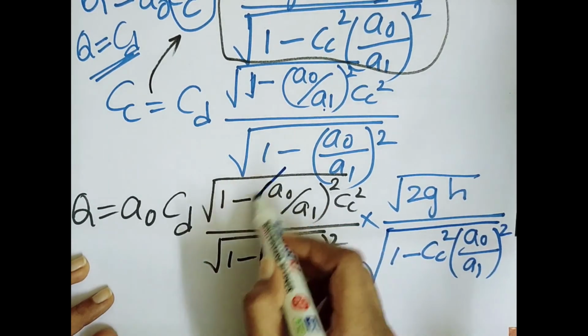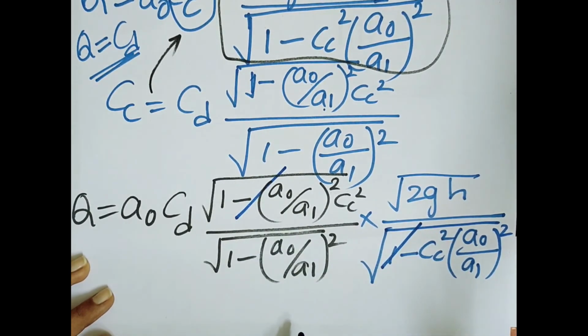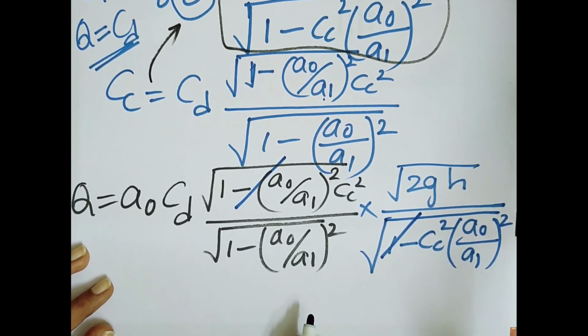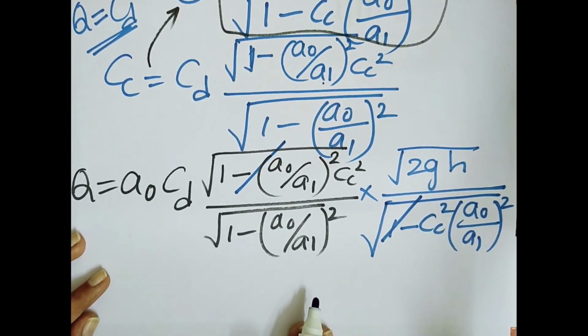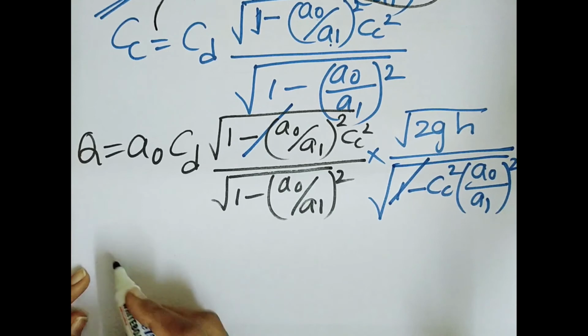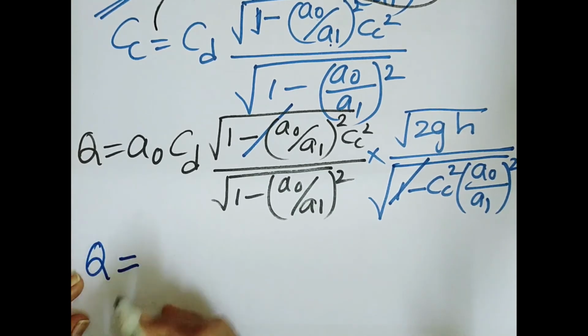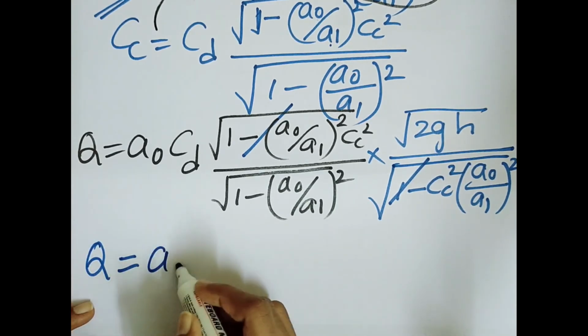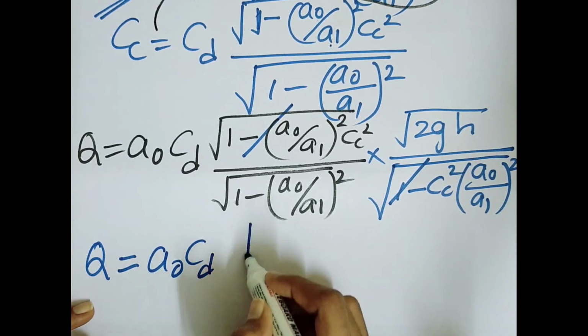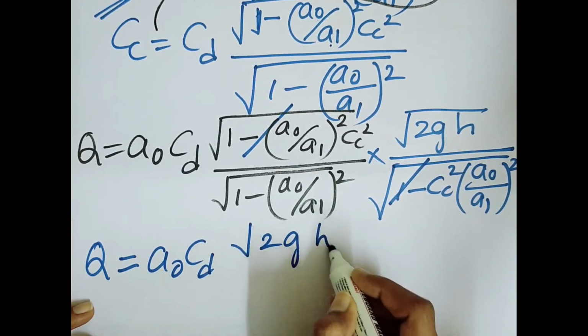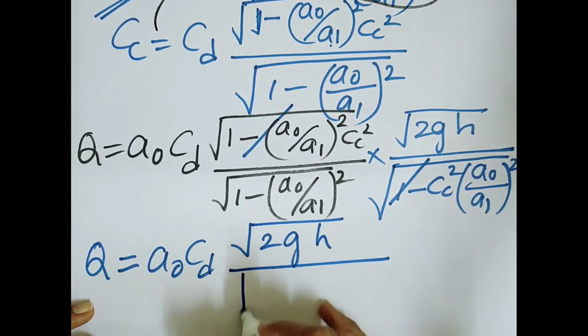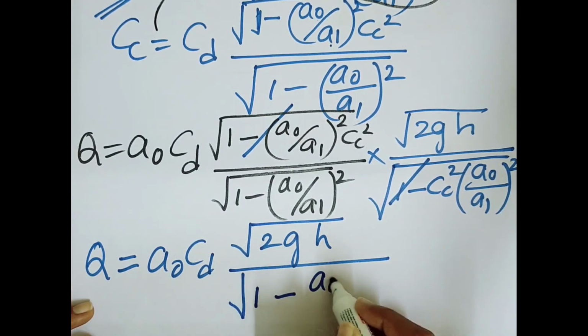Now this term will get cancelled, that is square root of 1 minus A0 by A1 whole square into Cc square will get cancelled. So for the discharge equation you will get Q is equal to A0 into Cd into root 2GH divided by square root of 1 minus A0 by A1 whole square.